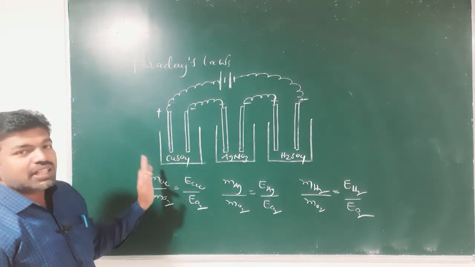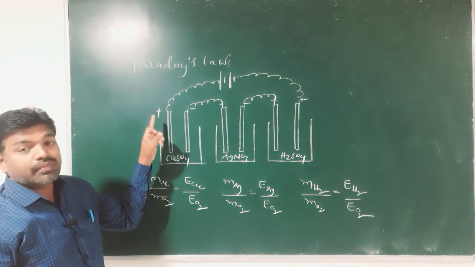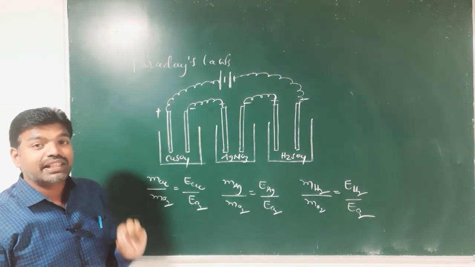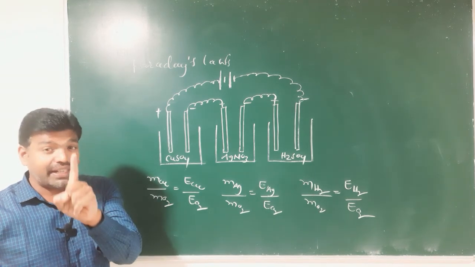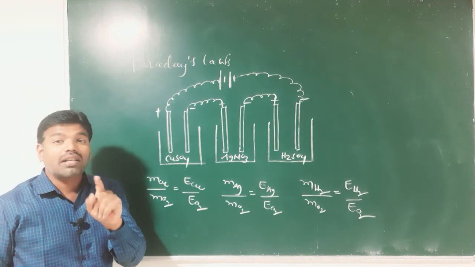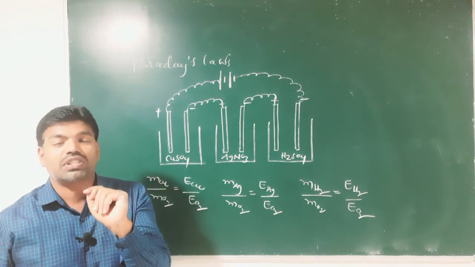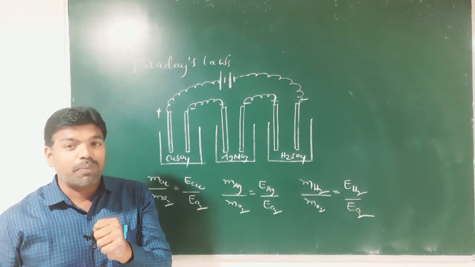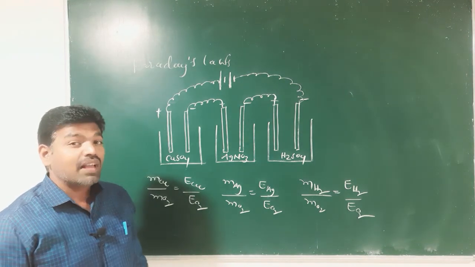So, this is the second law of Faraday. If we pass the same quantity of electricity through different electrolytic cells connected in series containing different electrolytes, the mass of substances deposited at the respective electrodes is directly proportional to the chemical equivalents of those substances.